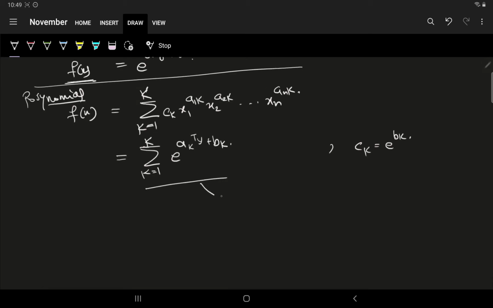This is like a sum of exponents of affine functions.